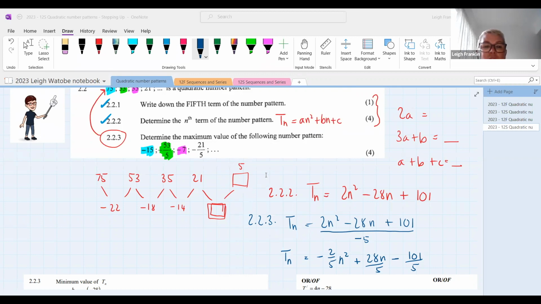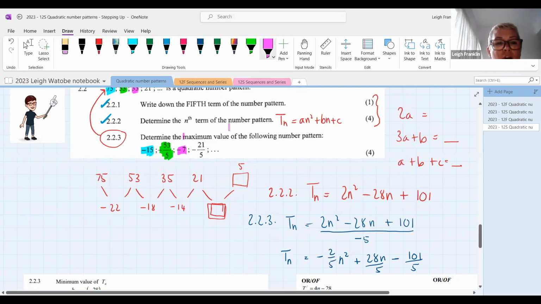Okay, and now that we've got this new nth term, what is the sign of A? A is negative. Okay, so because A is negative and this is a quadratic pattern, it has to have a, all together now, I hear you all yelling at home, a maximum.